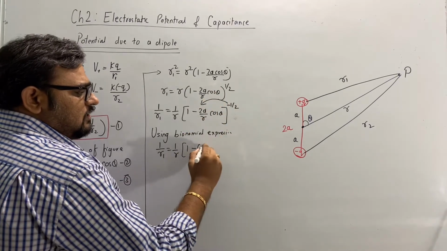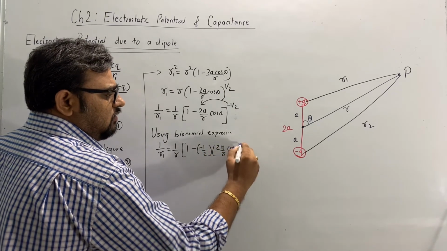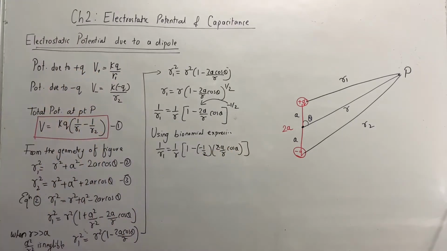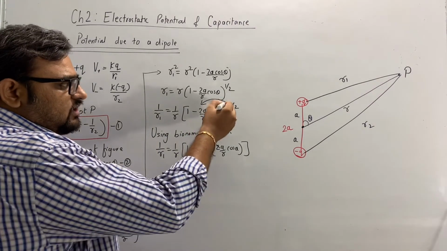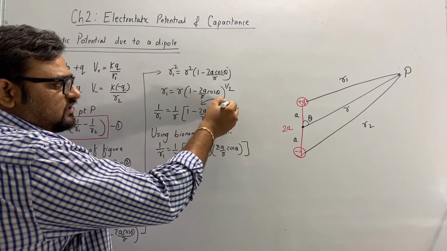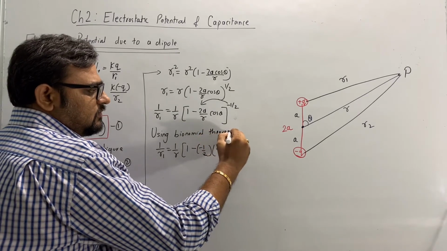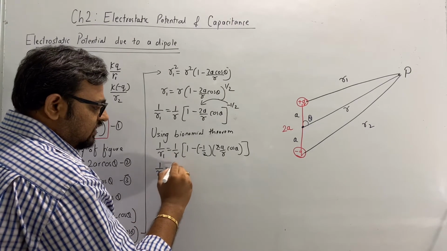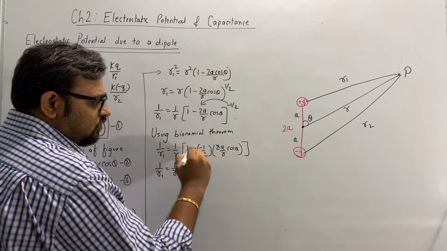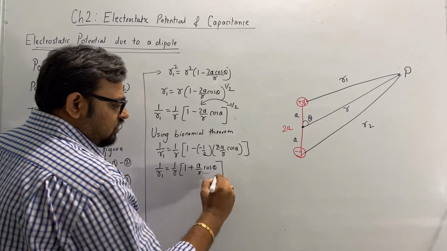1 minus 1 by 2 into 2a by r cos theta, 2 gets cancelled. Okay, so now this will be minus minus plus. What we did using the binomial theorem: I had put this minus 1 by 2 here, this power will be here. So 1 by r1 will be equal to 1 by r into 1 plus a by r cos theta. Clear?